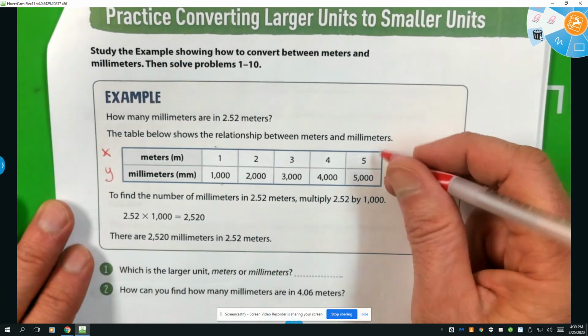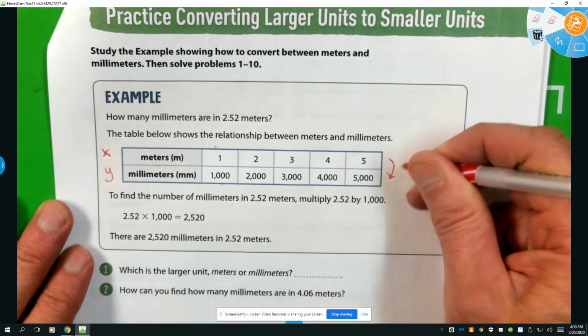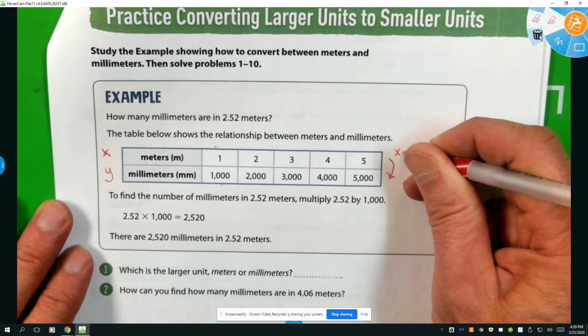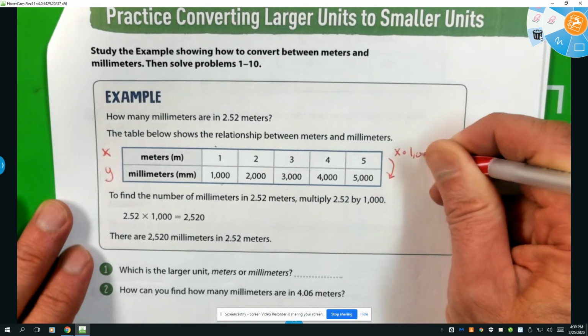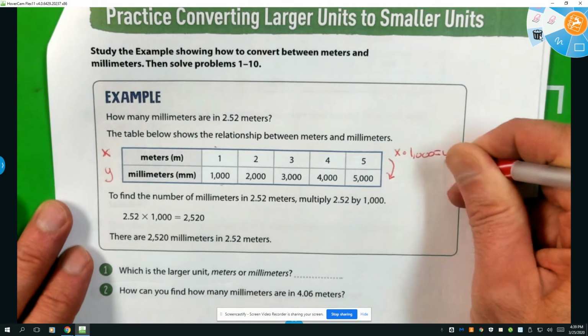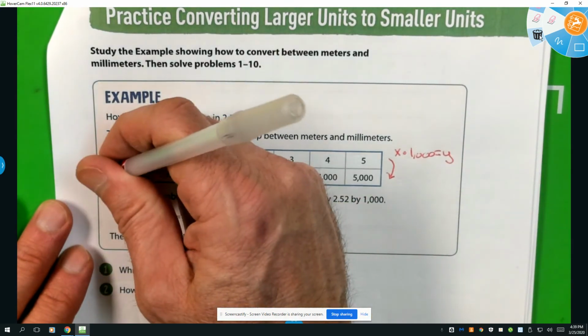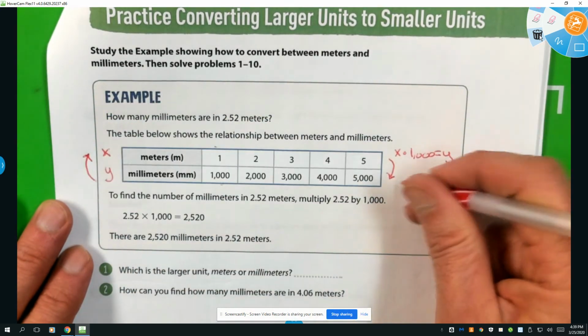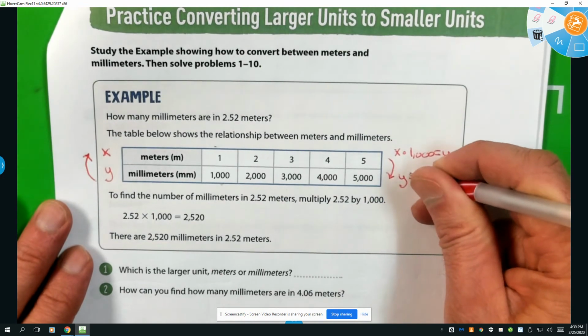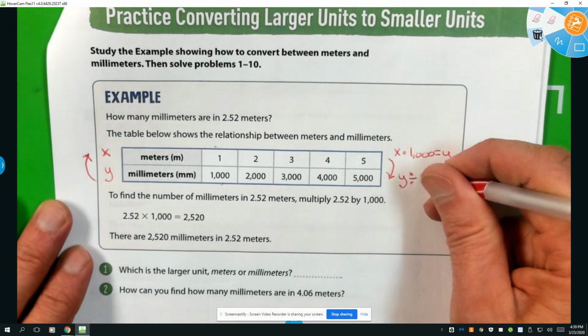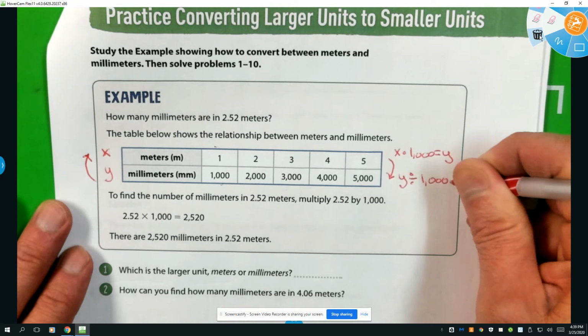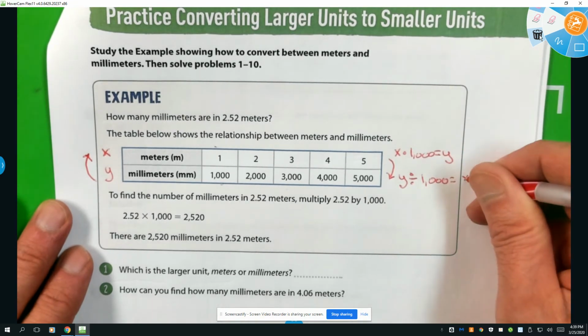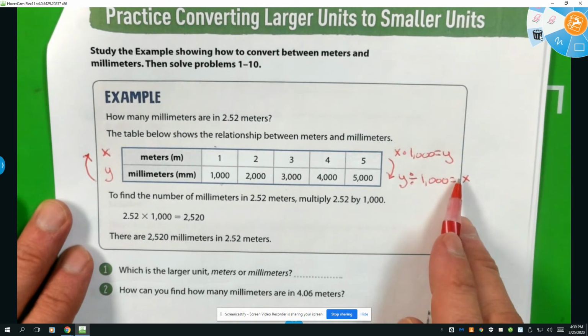To go from top to bottom, we have a relationship of X times 1,000 to equal Y. Now, if I wanted to go from Y to X, I would go Y divided by 1,000 equals X.